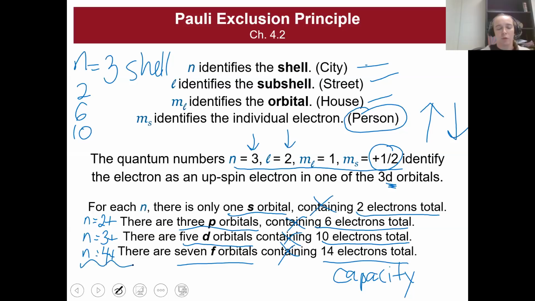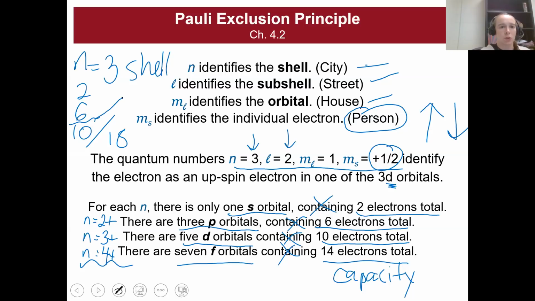We need n equals 4 or more to get to the f orbitals. So in this shell, there's a capacity for 18 electrons. Okay, if we look at the n equals 2 shell, we can't do the d orbitals.